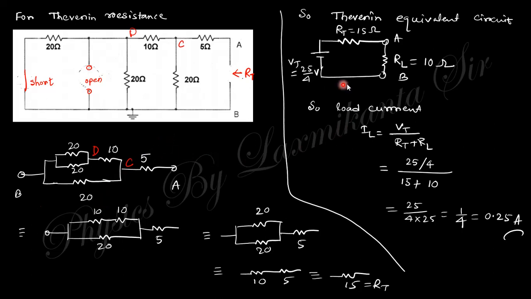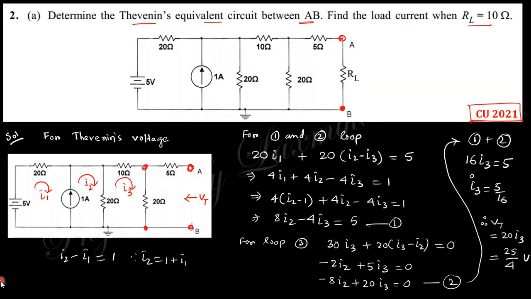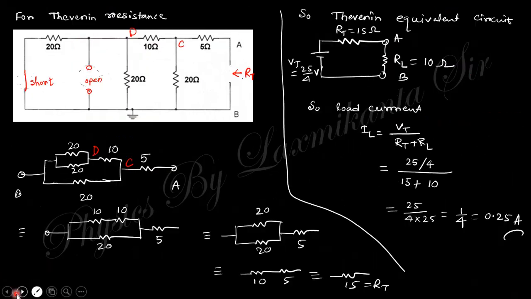Clear? And the Thevenin equivalent circuit will be this Thevenin voltage and this Thevenin resistance, and the load current. The question says the load is 10 ohm. So if you put this 10 ohm load, the current of the circuit, the load current IL, is nothing but total voltage by total resistance.